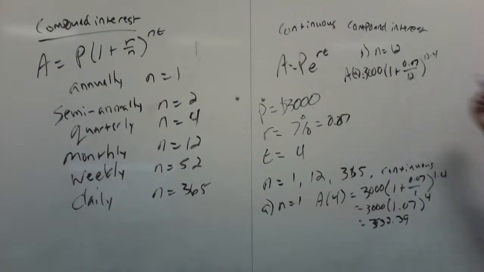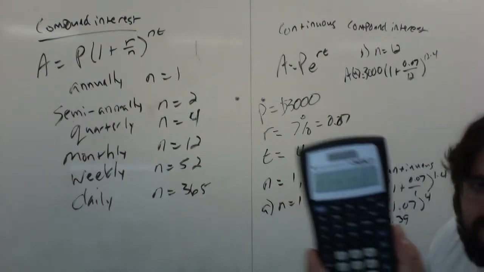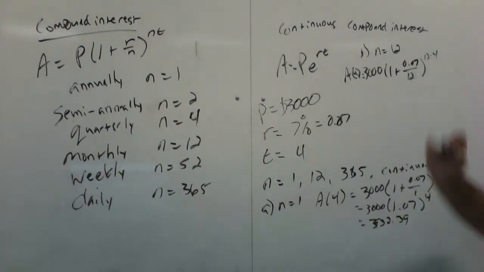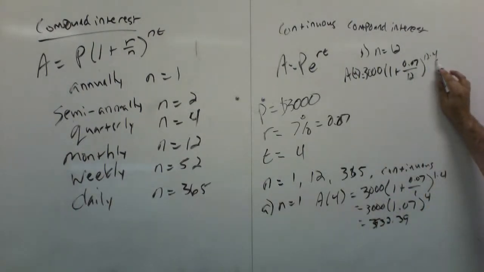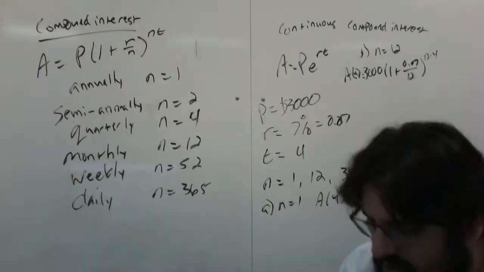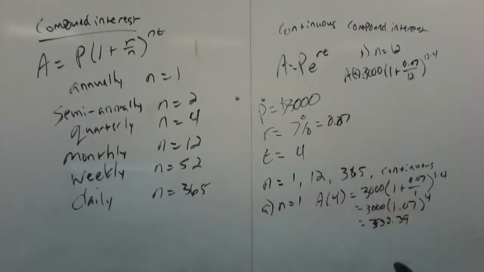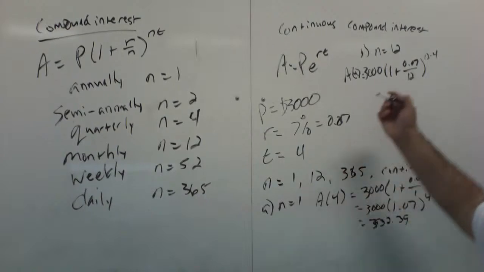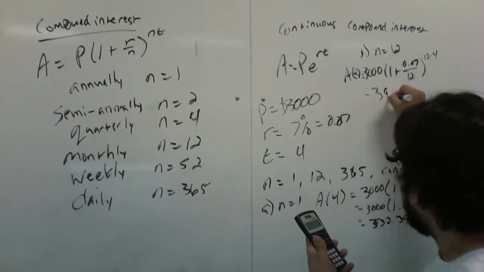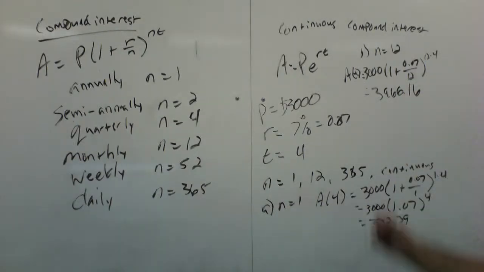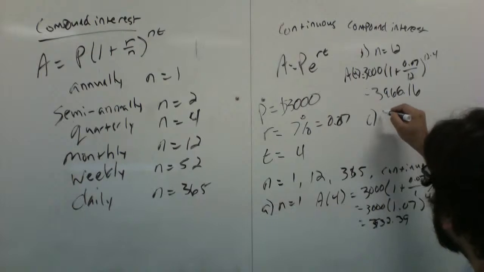First, figure out what 0.07 over 12 is. I get this decimal right here. So I'm going to add that to 1. Then I'm going to raise that to the 12 times 4, well, 12 times 4 is 48, so I'm going to raise that to the 48th power. And then I'm going to multiply that by 3,000. And I get 3,966.16.